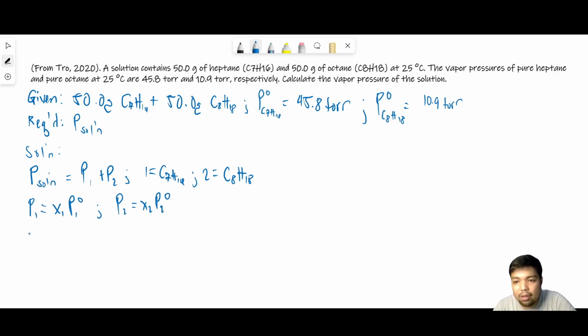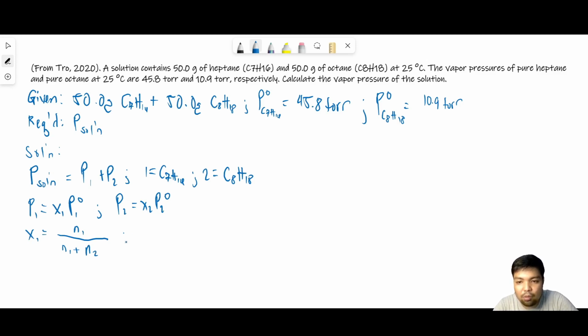So in order to get the mole fraction of each component, we need to know the number of moles of each component in the solution. We know that the mole fraction of heptane is equal to the number of moles of heptane divided by the total number of moles, which is just the sum of the number of moles of heptane and octane, since there's only two of them in the solution.